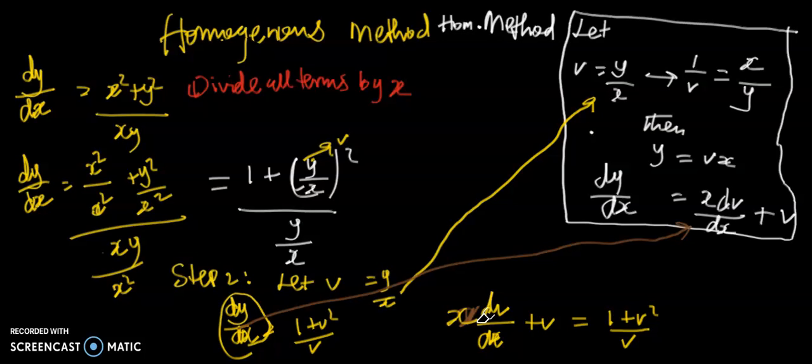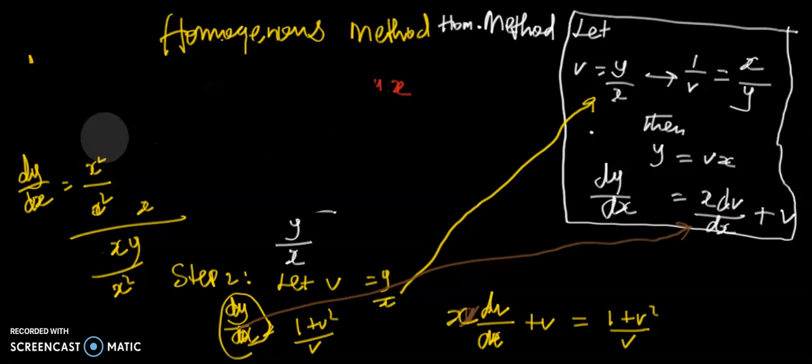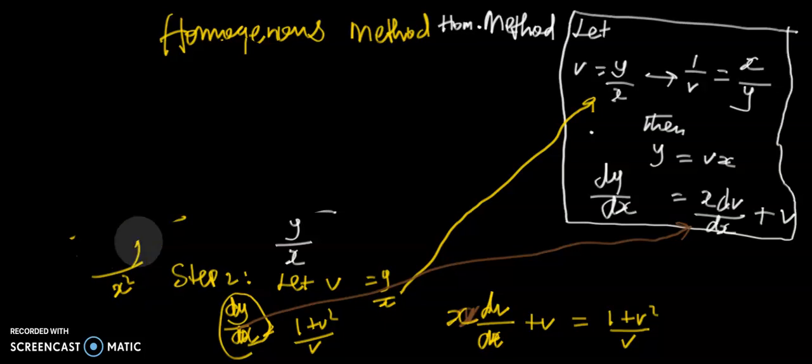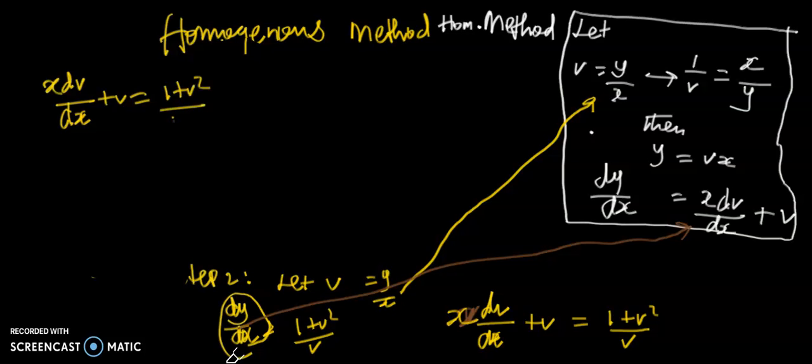We can actually try to rewrite this so that it makes more sense. But before then, let me get rid of some of this so that we have space to write. So we are working with x dv by dx plus v is equal to 1 plus v squared divided by v.